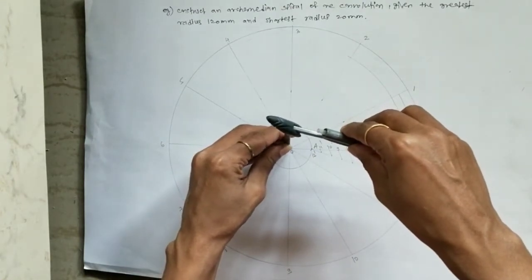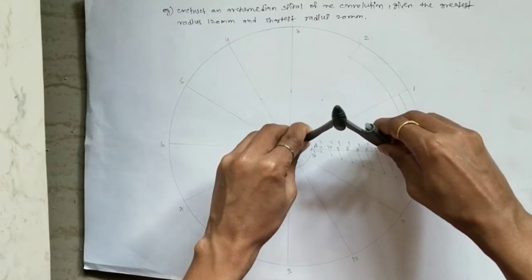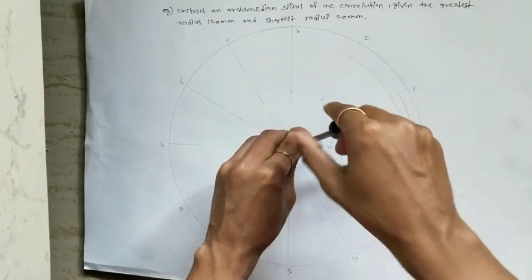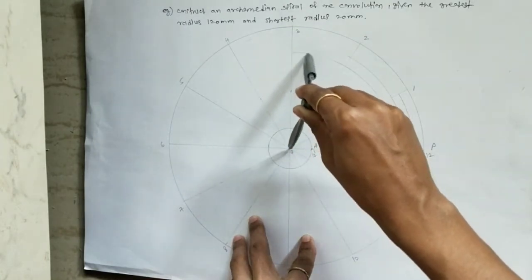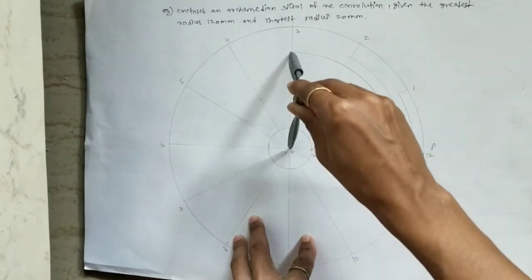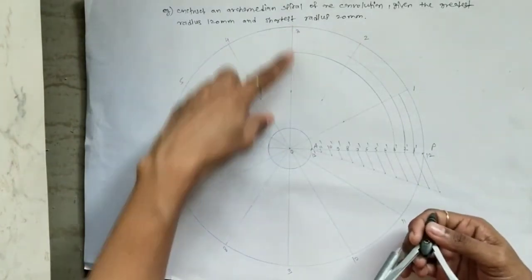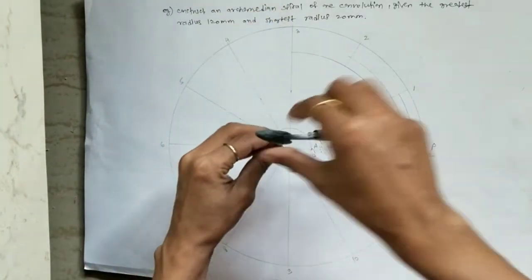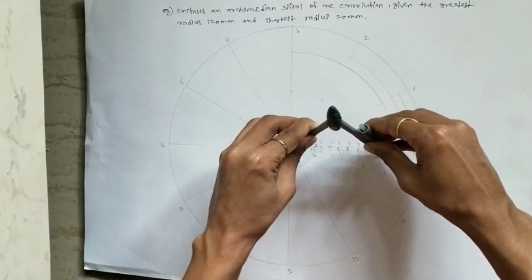Same, take center O and distance O3 dash, and draw arc up to radial line O3. In same manner draw all the arcs.